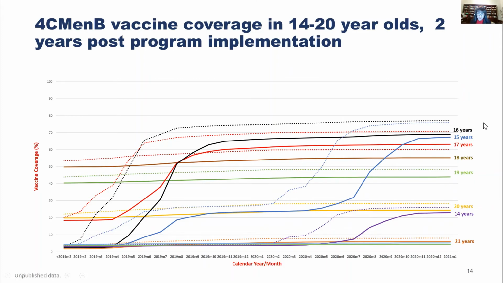It's about 77% there for 16-year-olds for 1 dose and close to 70% for 2 doses. But again, as adolescents get older, there's less likelihood that they will be vaccinated because they are attending their local GP rather than through the school program, where we have very high success with immunisation, the school immunisation program.